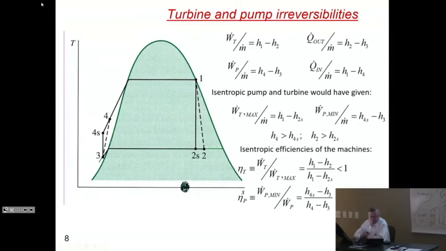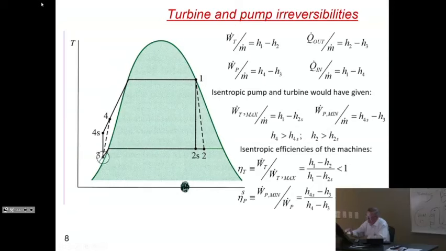To this, we add turbine and pump irreversibilities. So we know that WT is H2 minus H1, WP is H4 minus H3, but you really don't go from 1 to 2S. You really go from 1 to 2 with a little production of extra entropy, which is characterized by the isentropic efficiency of the turbine, H1 minus H2 over H1 minus H2S, which has to be smaller than 1.